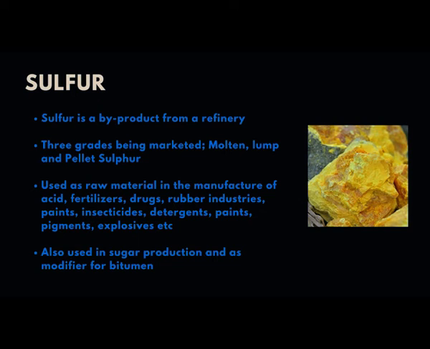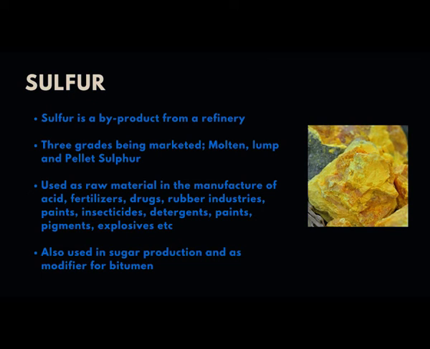There are different grades of sulfur that are being marketed. One is molten sulfur, or lump solid sulfur, or pelletized sulfur. So different forms of sulfur are sold from the refinery to the end customer. It is used as a raw material in the manufacture of acid, fertilizer, drugs, rubber, paints, insecticides, detergents, pigments, and explosives.